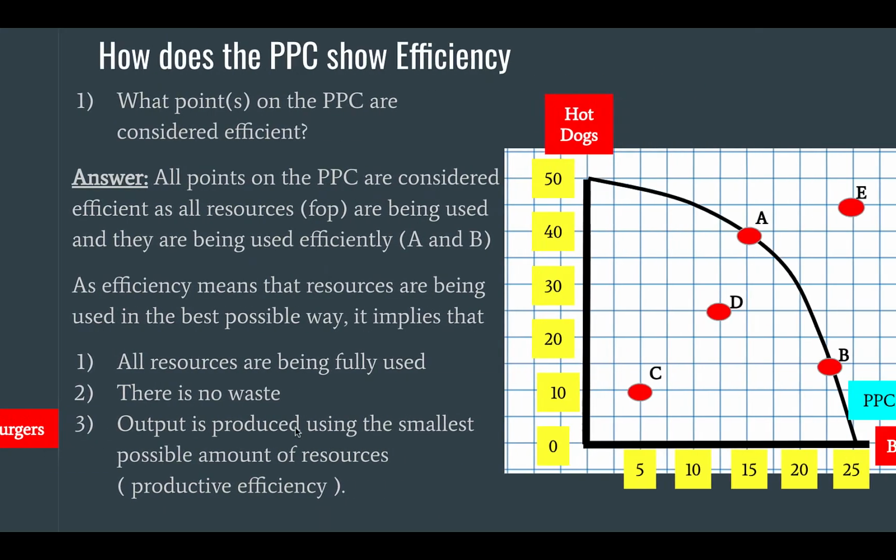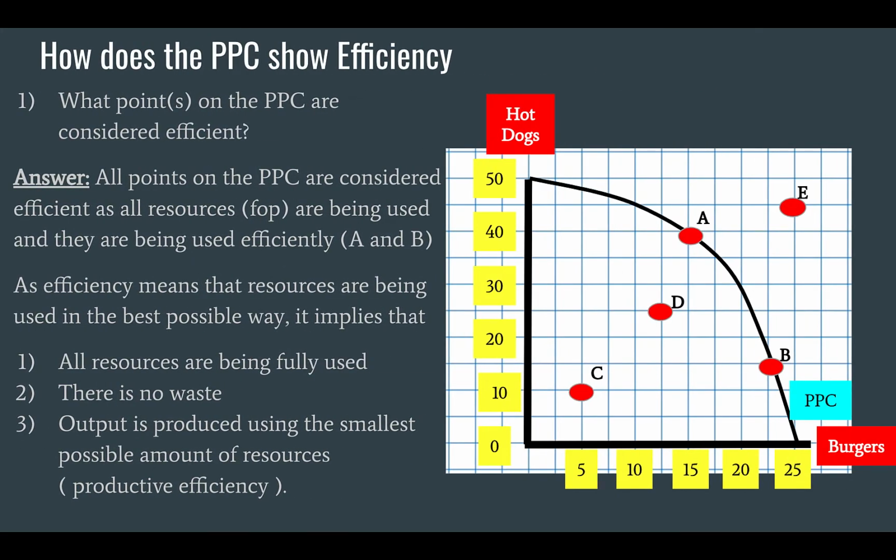So we're looking at efficiency. When we define efficiency in this model, we know that we have unlimited desires and a limited ability to produce those desires caused by limited factors of production. So all points on the PPC are considered efficient, as all resources or factors of production are being used, and they are being used efficiently.